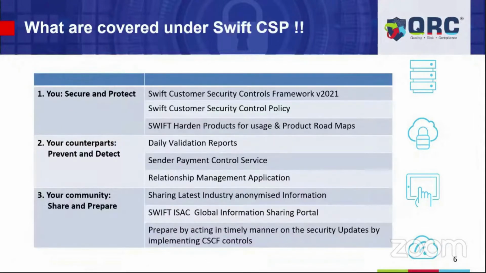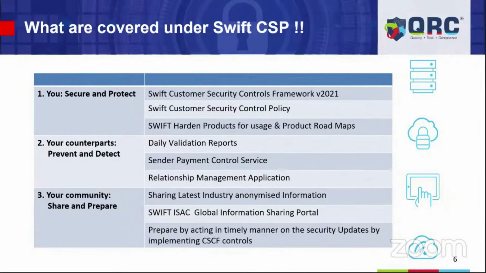With respect to this view, that's where the CSCF, the Customer Security Controls Framework, comes in. For any organization wanting to make sure they are secure and protected, the framework is published, and the versions change every time, but there is a current version.